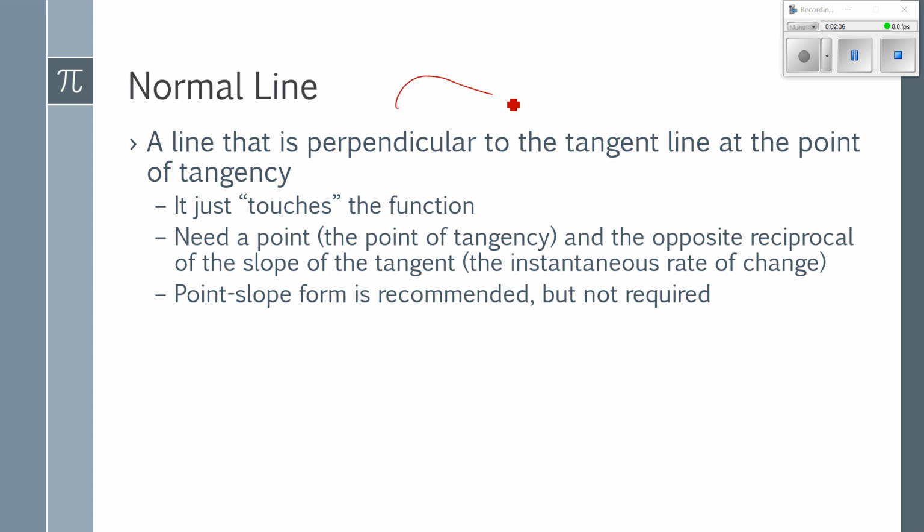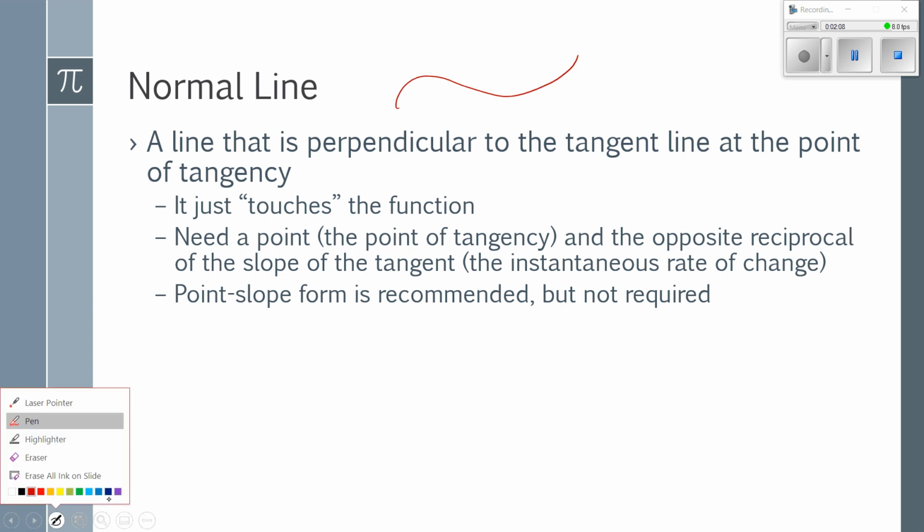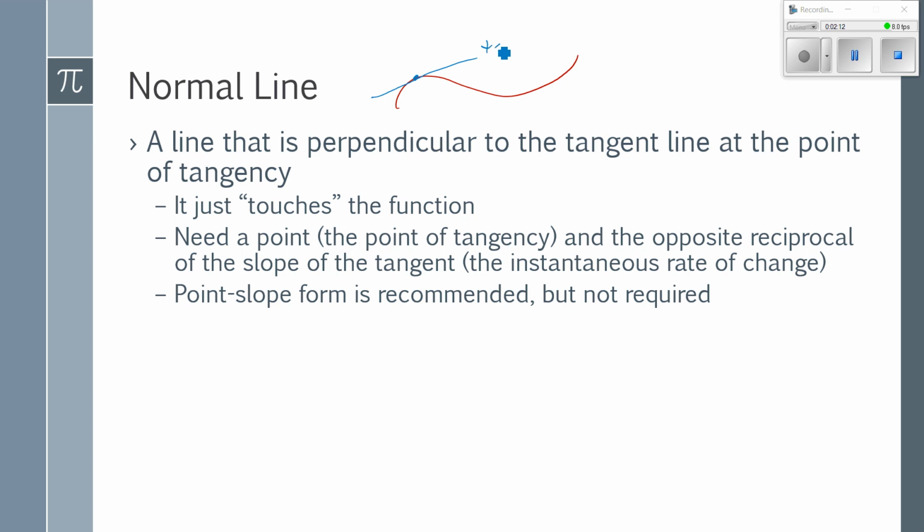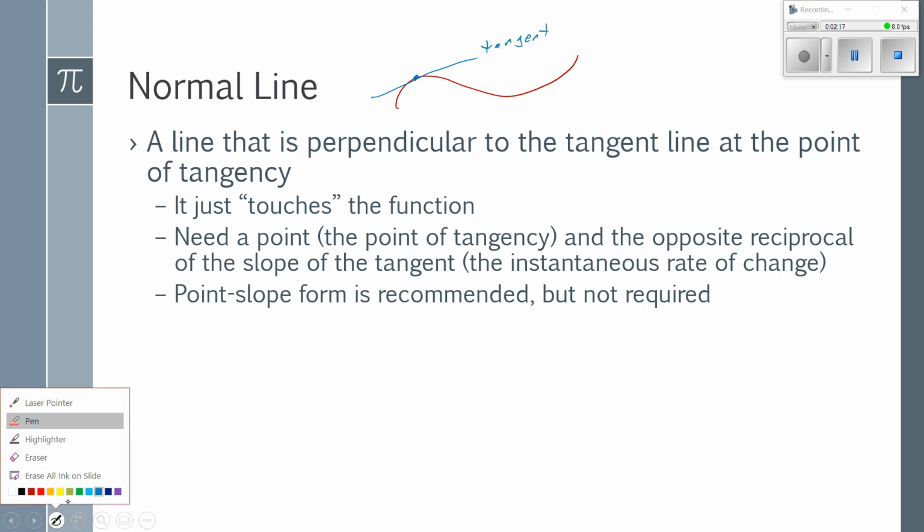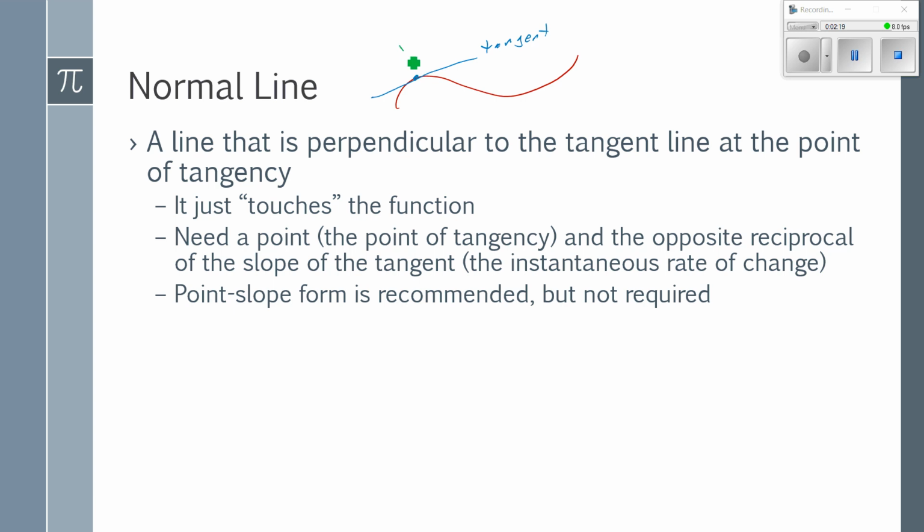So if this is my function, this would be a tangent. And then this would be the normal. Because it is a line, you still need two things.